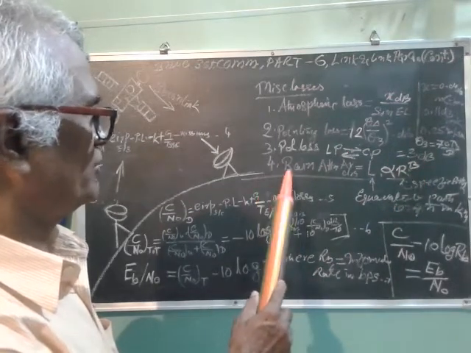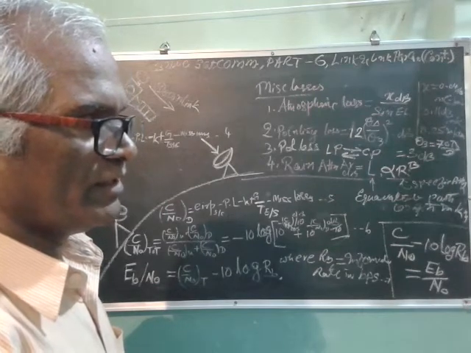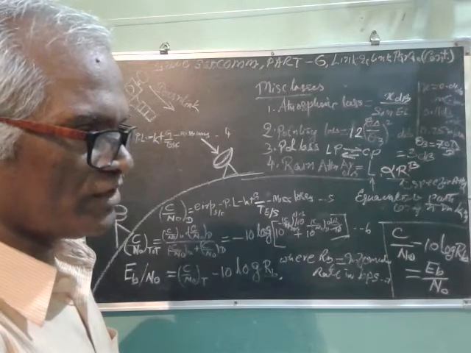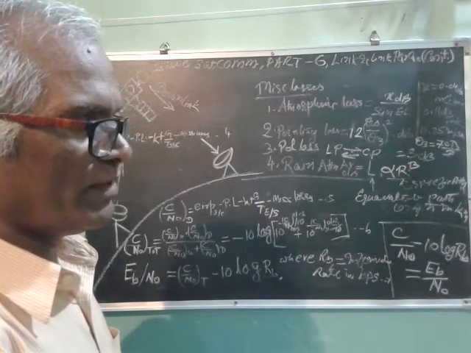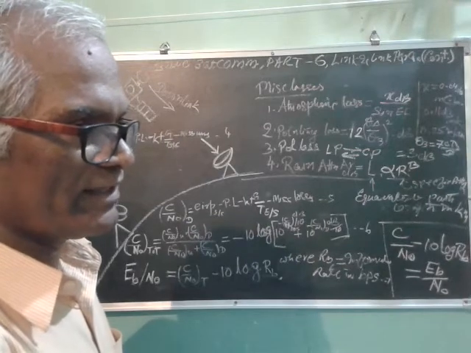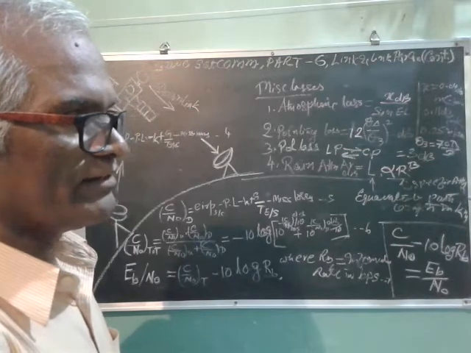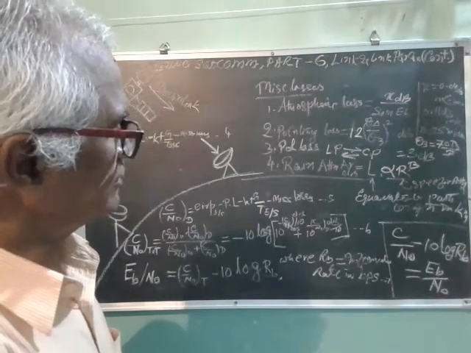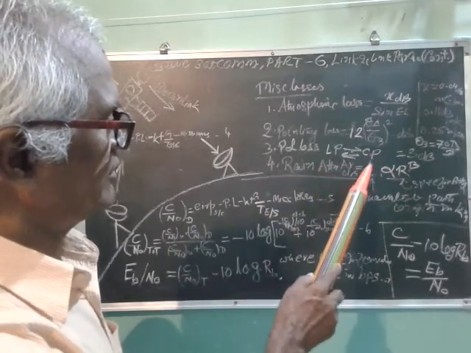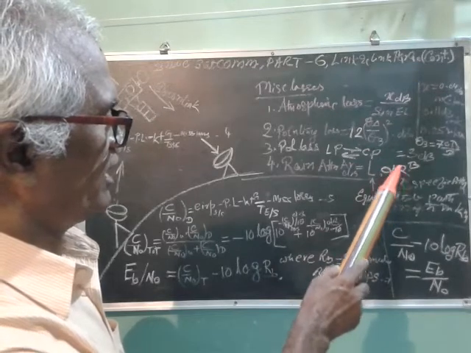Then 4 is rain attenuation. Rain attenuation will happen generally above 10 gigahertz, because at higher frequencies, K band and onwards, the wavelength lambda will be smaller and smaller, in centimeter or millimeter size, and it will interact with the rain rate. Therefore, the attenuation will be L into alpha R to the power of beta, where R is the rain rate.